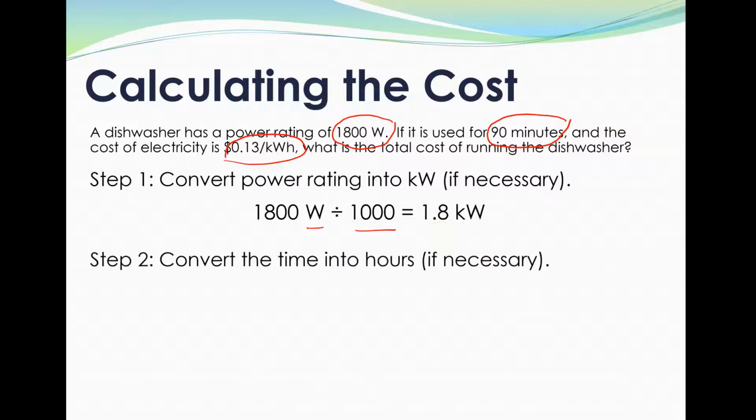Then, since we've got kilowatt hours, we need to convert the time into hours as well. You don't always have to do that, but in this case we do. We divide 90 minutes by 60, which is 1.5 hours.